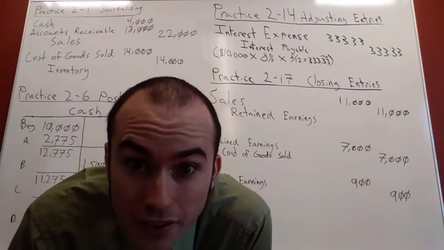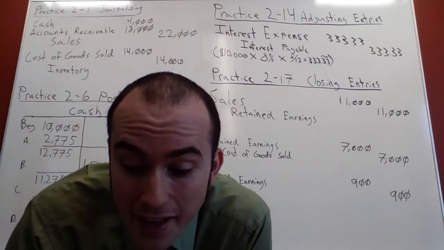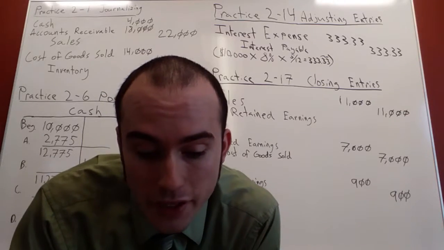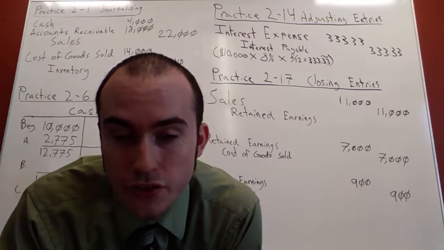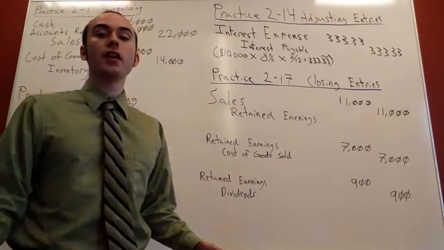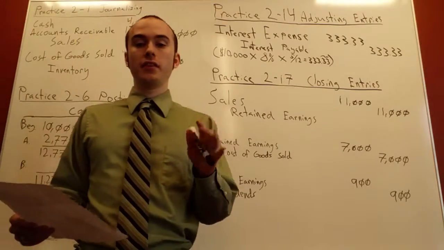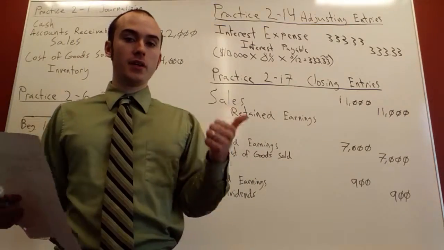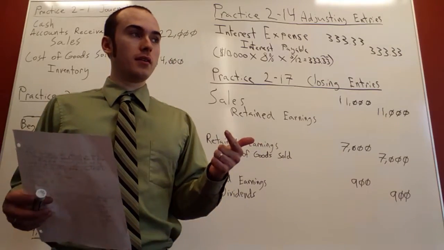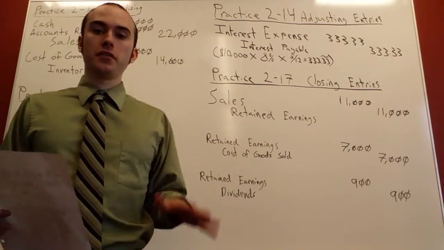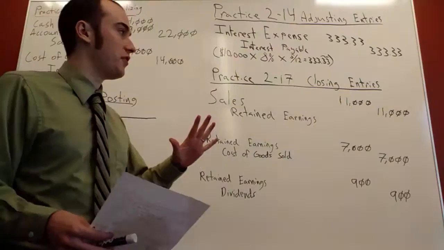The annual interest is 8% as of the end of the year. No entry has been made to record the accrued interest on the loan. So at the end of the year, 5 months have passed, because August, September, October, November, December. So 5 months have gone by since we had the loan.